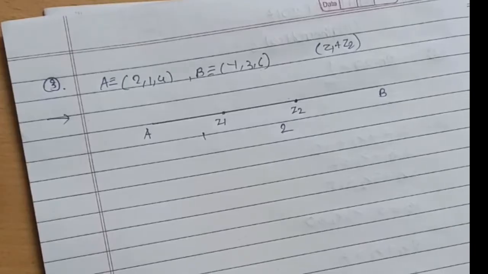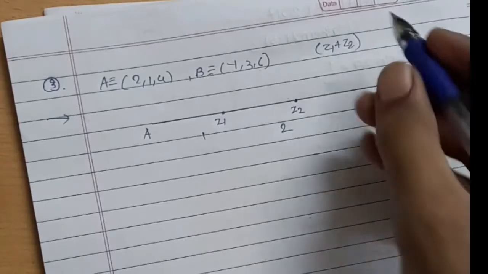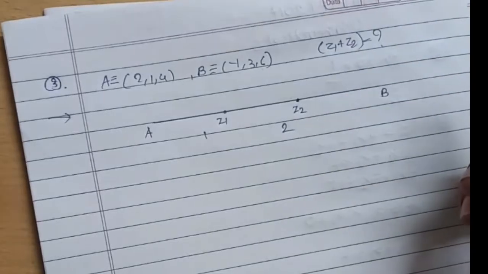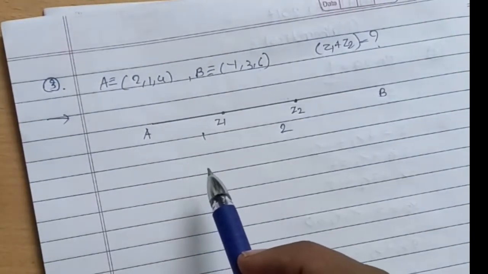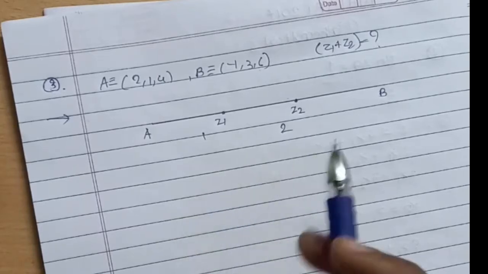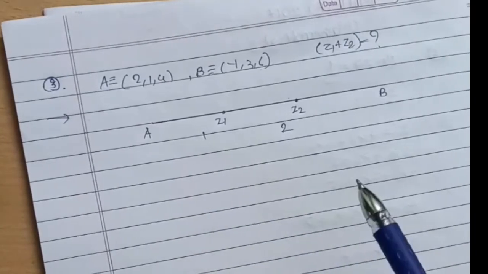Next question: if z1 and z2 are the z coordinates of the points of trisection of the segment joining the points A(2, 1, 4) and B(-1, 3, 6), then we have to calculate z1 + z2.